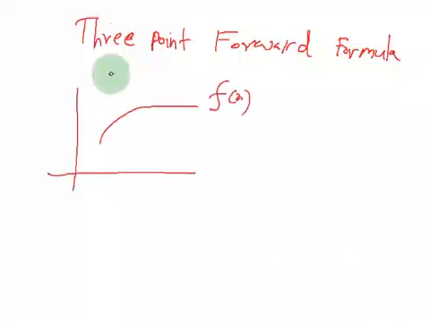You approximated the slope of this tangent to this curve at this point x naught, so you approximated the slope of this tangent to the curve at this point using 2 points.